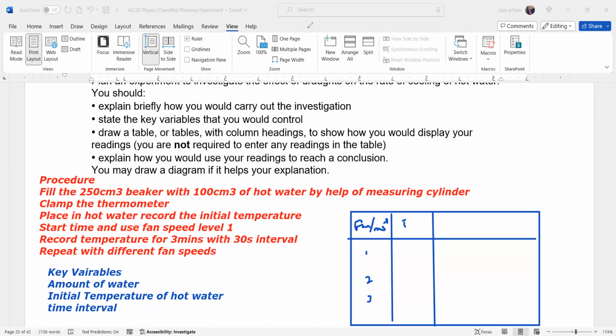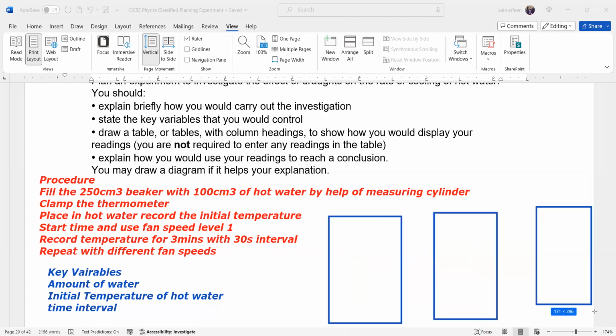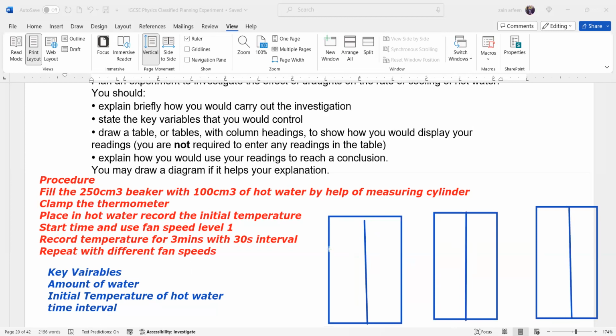You can have 3 or 4 different tables. The first table is for fan speed 1, the second is for fan speed 2, and the third one is for fan speed 3.